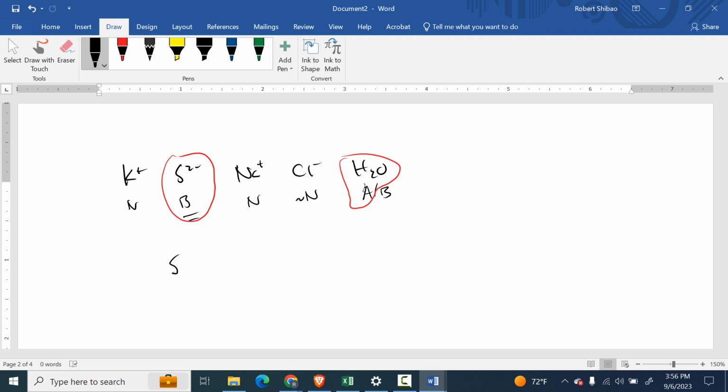So if there's going to be a reaction, it's going to be between sulfide and water. Well, we already know that there's going to be a reaction because sulfide is a strong base. Strong base is completely hydrolyzed. And so what we should form here is HS minus plus OH minus. We have a driving force for this. The driving force is going from a stronger base to a weaker base here.